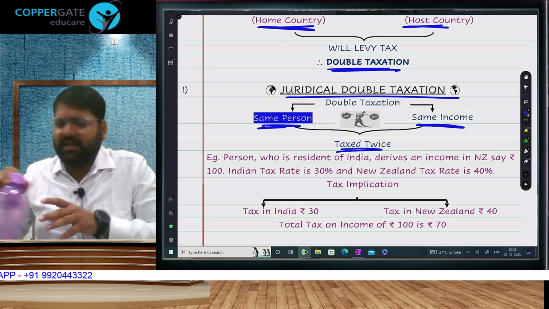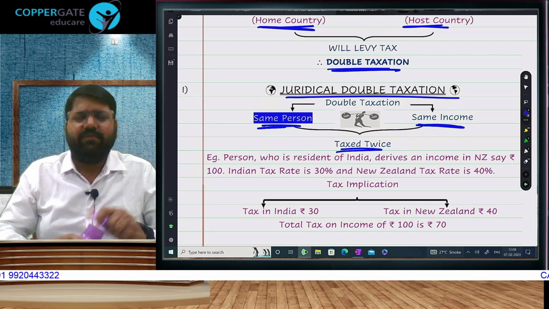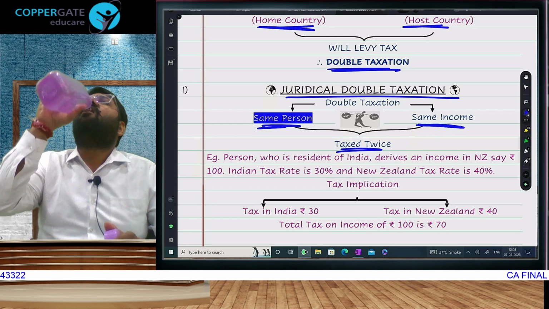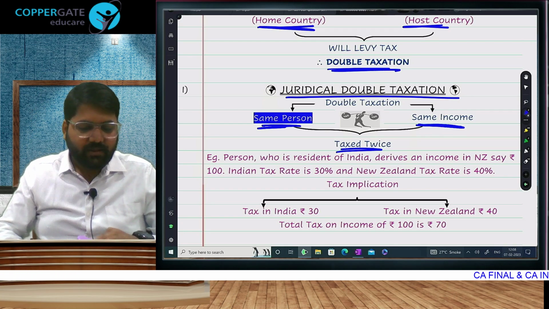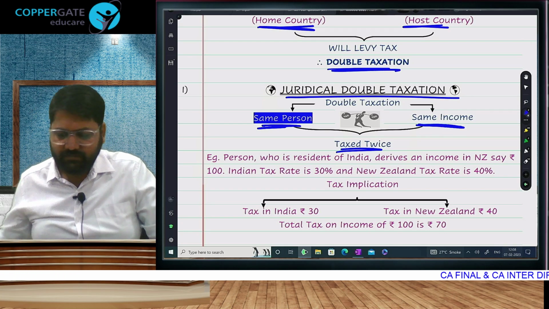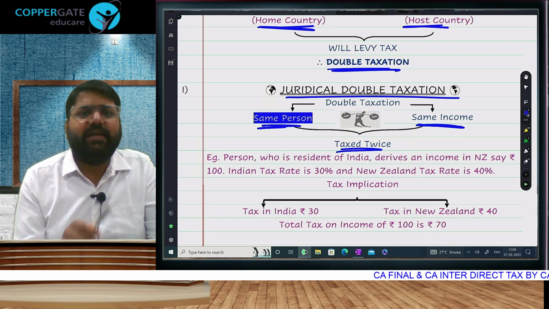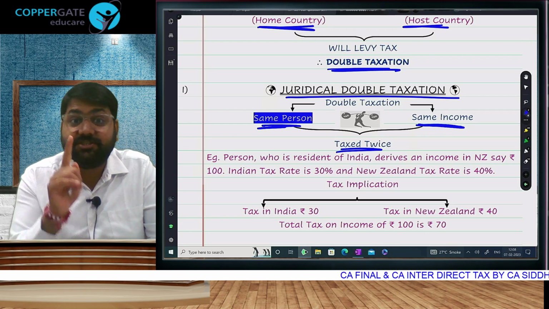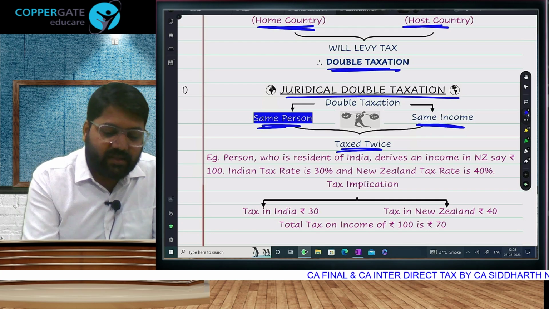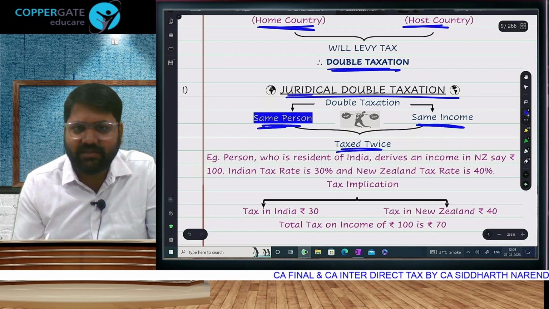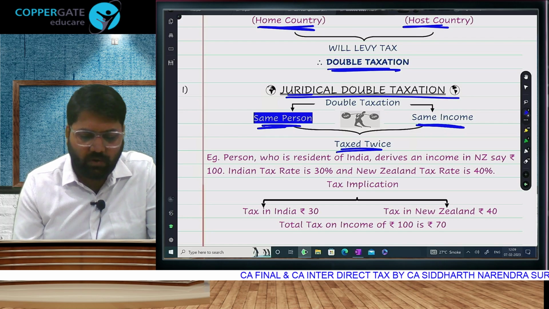The example that I gave you right now: a resident of India with income in London. India will levy tax on the principle of residence and England will levy tax on the principle of source. Same person, same income getting taxed twice. That is juridical double taxation. Examples I have given in pink color all throughout my book.